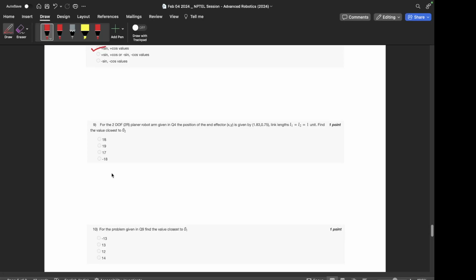Since we have derived the expression of θ2, cos θ2 is (px square plus py square minus L1 square minus L2 square) divided by 2 L1 L2, right?